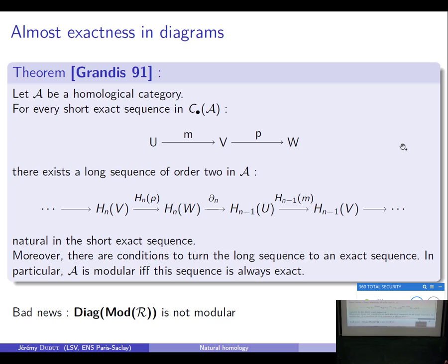It is only of order 2 everywhere. That is, the composition of two following morphisms are null, but not exact in general. So we do have a theory of exactness in diagrams, but it is not as nice as in modules.